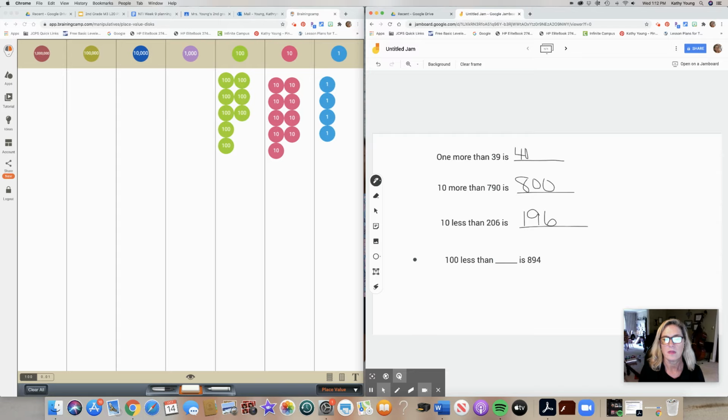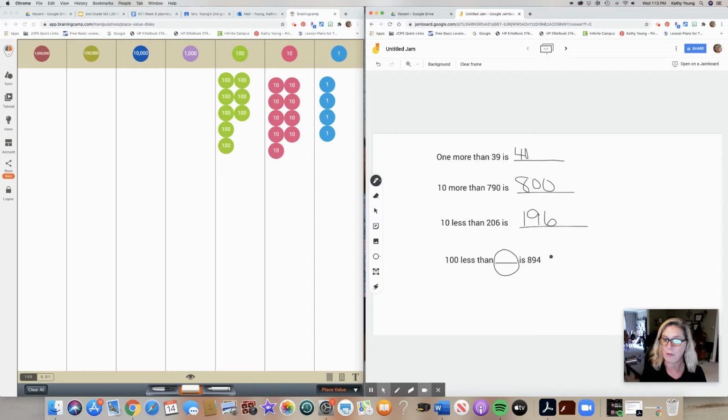So hopefully you understood that. The last one we are going to do together is one where you have to figure out what number they started with, and they give you the number they finish with. So it says 100 less than something is 894. Well, a lot of us would say, I don't really understand what that means.